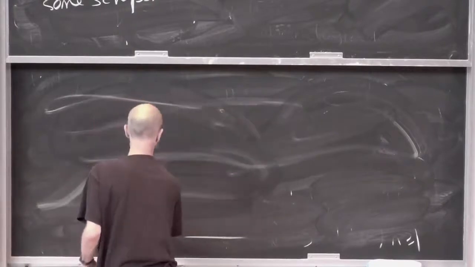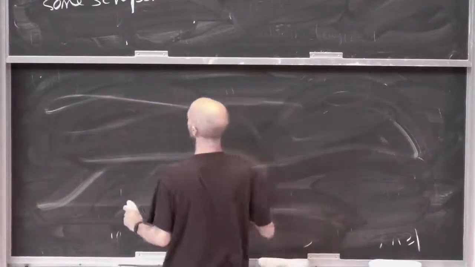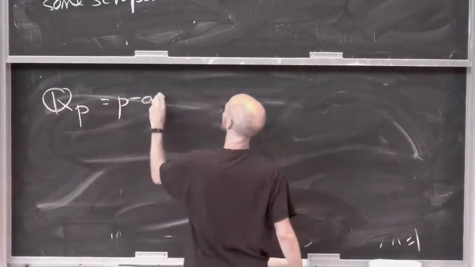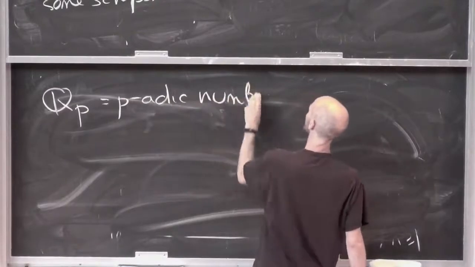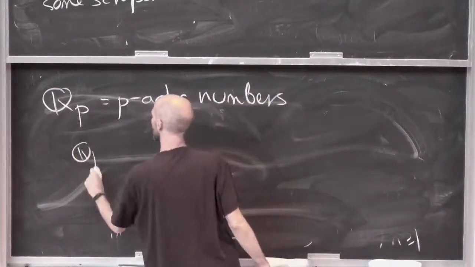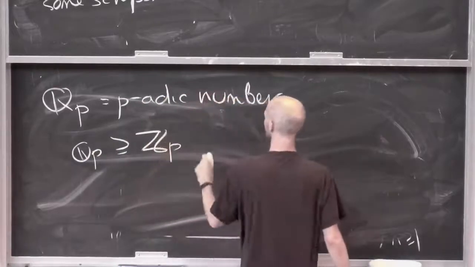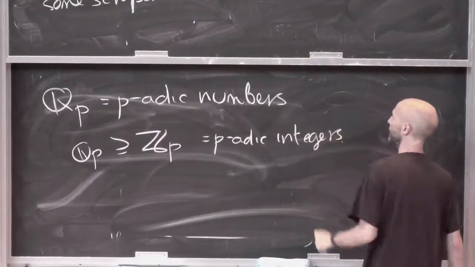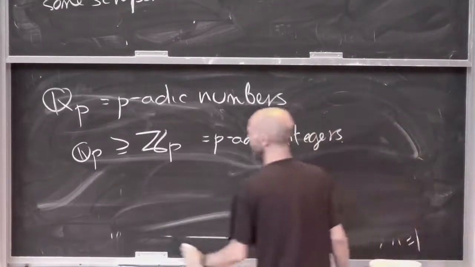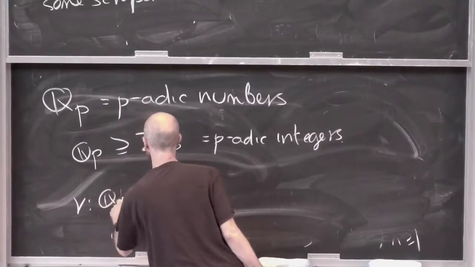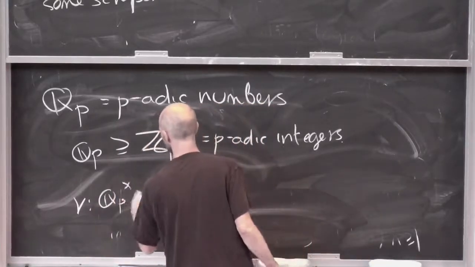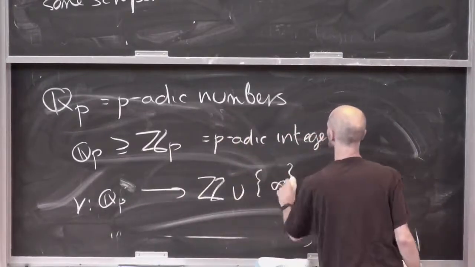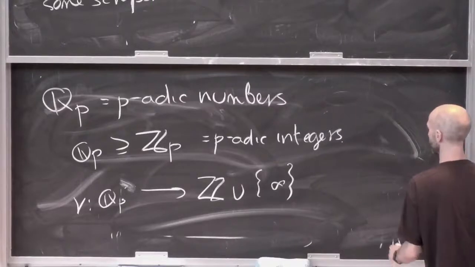As you may well know, recall Q_p is the p-adic numbers, and Q_p contains Z_p, the p-adic integers. And there's a valuation from Q_p to Z union infinity, the normalized valuation.